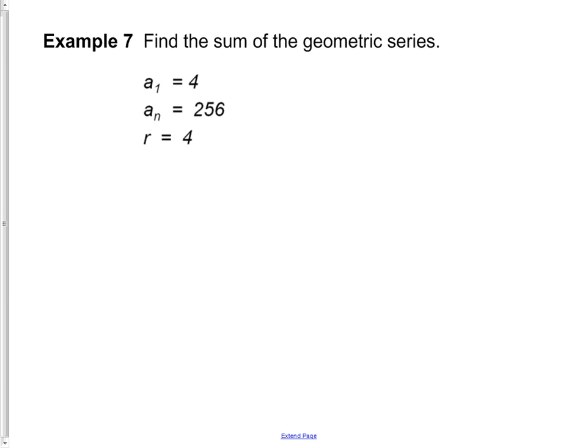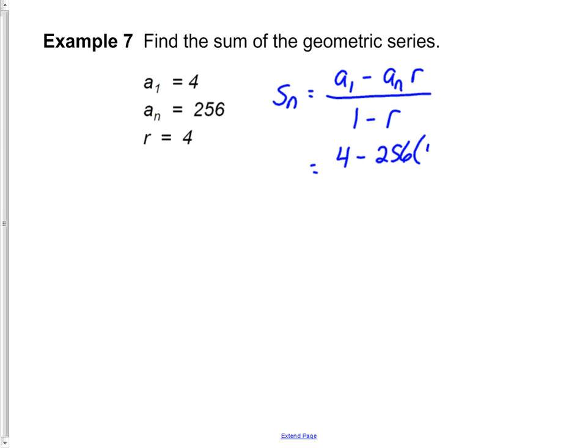Okay, so s sub n is going to equal, now I'm given an a sub n, so I'll use the formula a sub 1 minus a sub n times r divided by 1 minus r. There's the formula I'm going to use. A sub 1, first term of the series is 4, minus a sub n, last term of the series, 256.